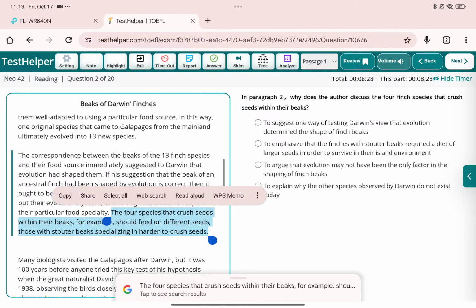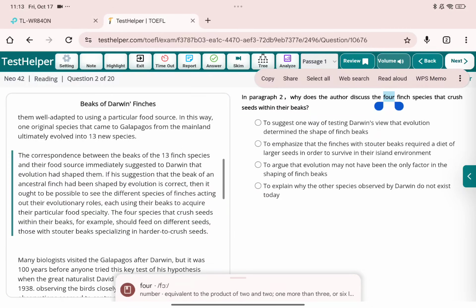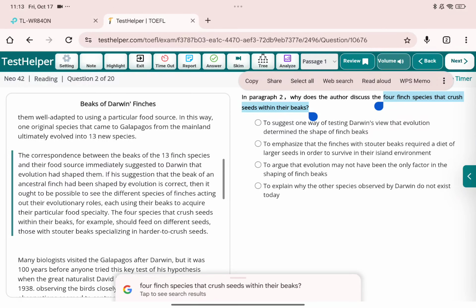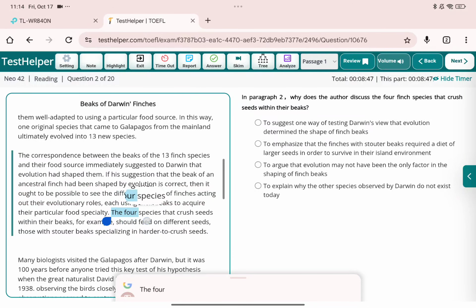The question is asking why the author is mentioning this information: 4 finch species that crush seeds within their beaks. What is the reason he's discussing this idea? To answer this question, we have to look for our keyword, and you can find the keyword right at the end of the paragraph, the 4 species.